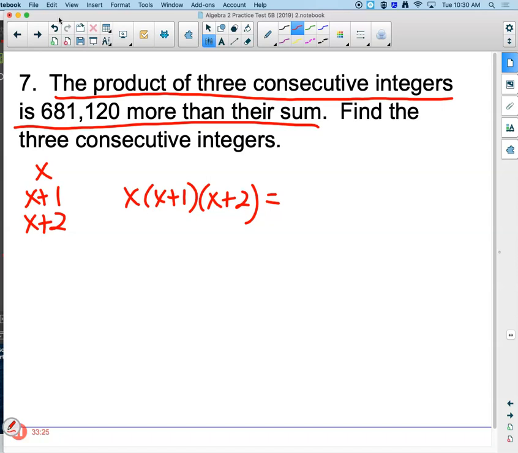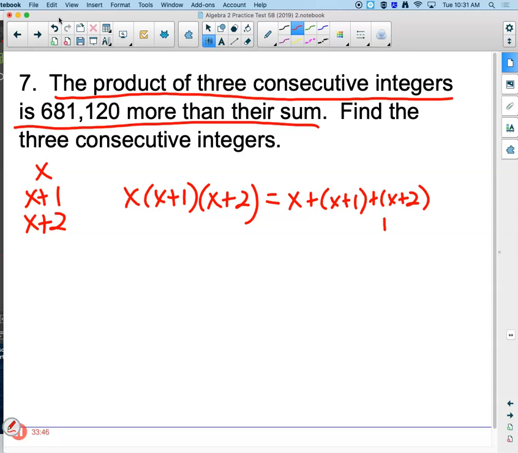What does sum mean? It does mean addition. So if we added them all together, it's still going to be 681,120 short.